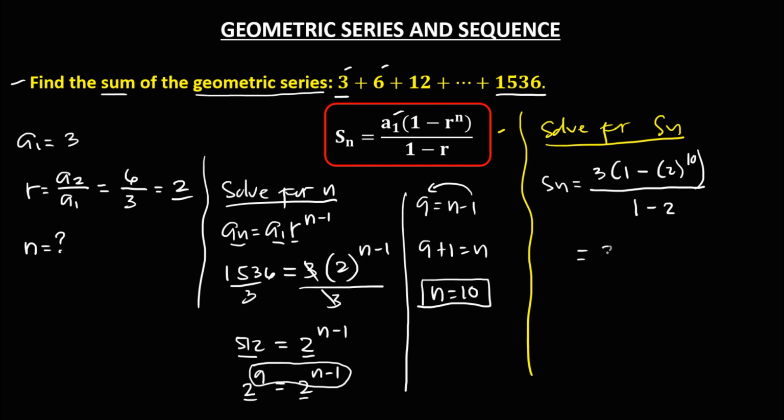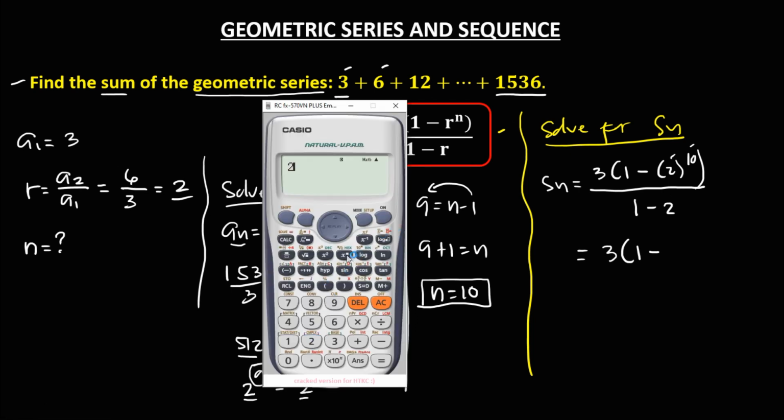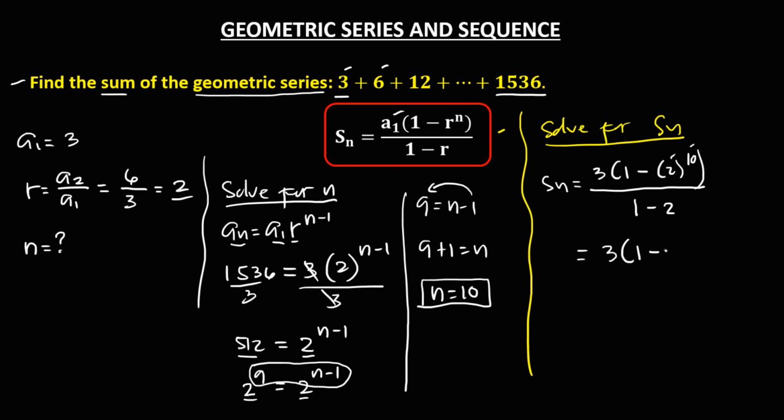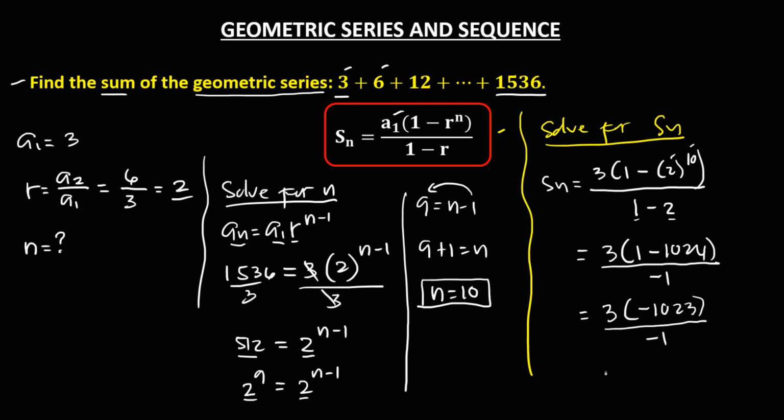Then simplify: 3 times 1 minus 2 to the power 10. 2 to the power 10 equals 1024. So minus 1024, over 1 minus 2, that's negative 1. Then simplify: 3 times 1 minus 1024, that's negative 1023, over negative 1.